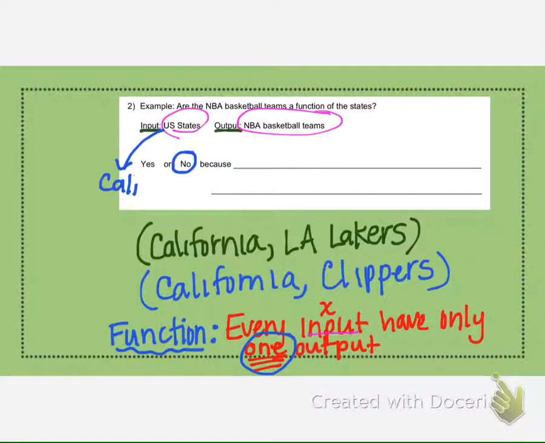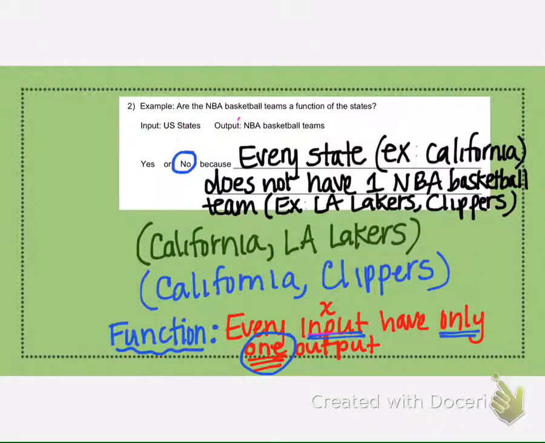So if X is California and Y is the basketball teams, every input, every X, does not have only one output. I found an example where that's not the case. So we would say no, because every state, for example, California, does not have one NBA basketball team. California has the LA Lakers and the Clippers.